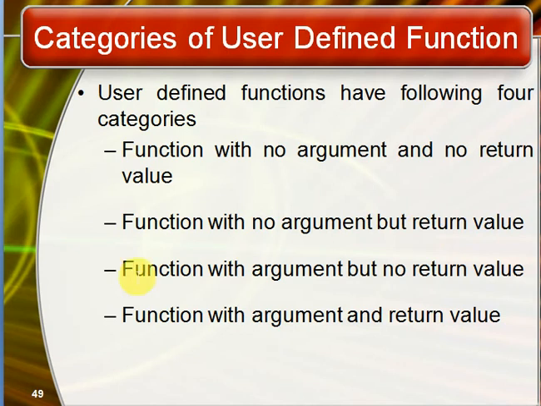Third one is function with arguments, where the main function contains some arguments, but the function is not returning any value. And the fourth one is function using arguments as well as returning a value. Now let us discuss the details of these four categories.